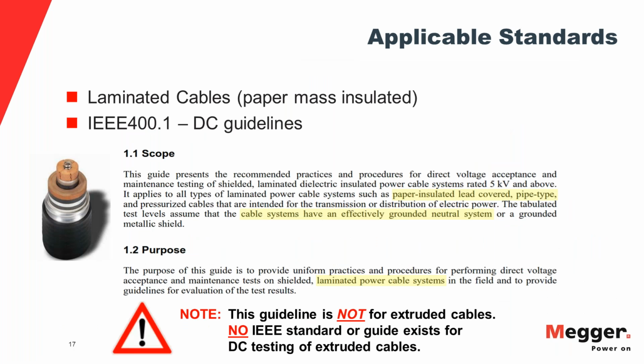Now, why do we even do AC testing? That ties into this change in cable infrastructure. Well, the classic DC test at very high elevated test voltages, 5 times operating voltage, 6 times operating voltage, that was for PILT cables, for laminated insulation.